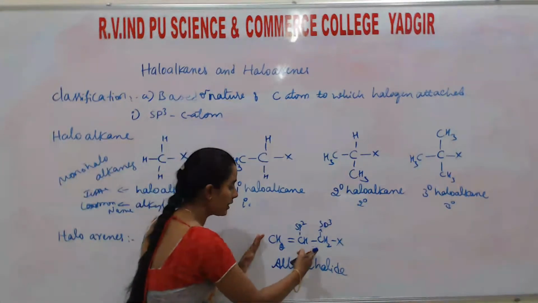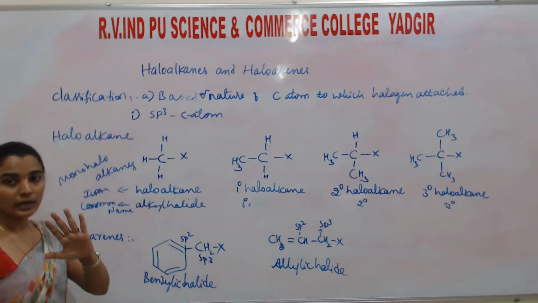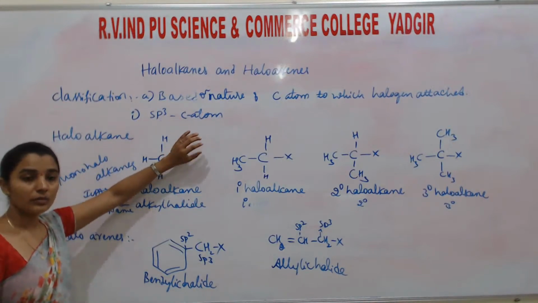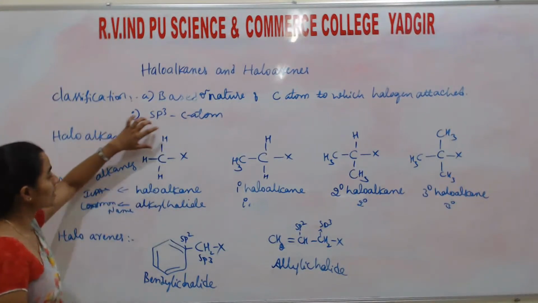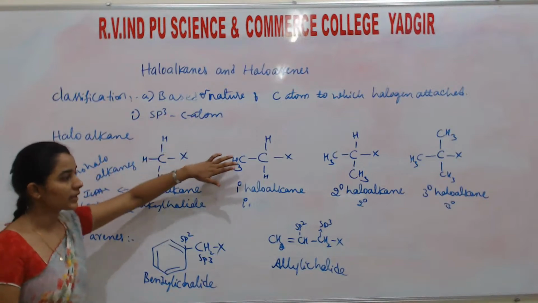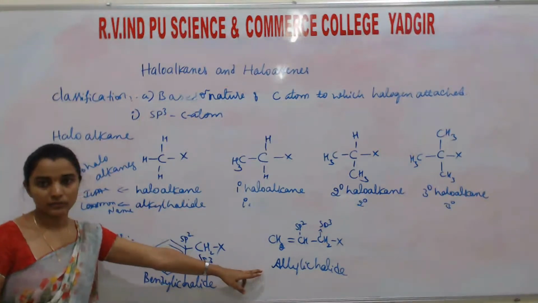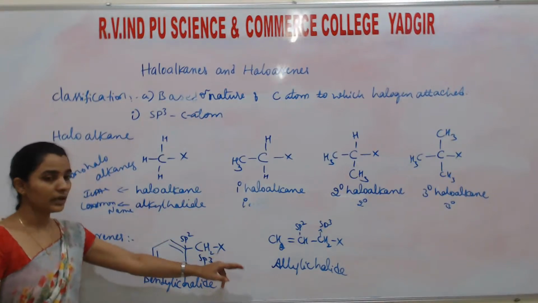If it is aliphatic, then it is an allylic halide. So the classifications are based on the number of halogen atoms: mono, di, tri, tetra, etc. And based on the sp3 hybridized carbon atom: primary, secondary, tertiary, benzylic and allylic.